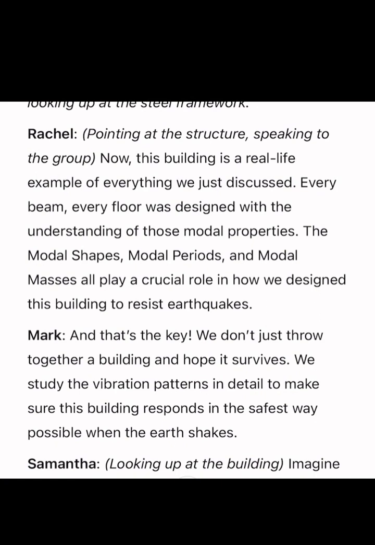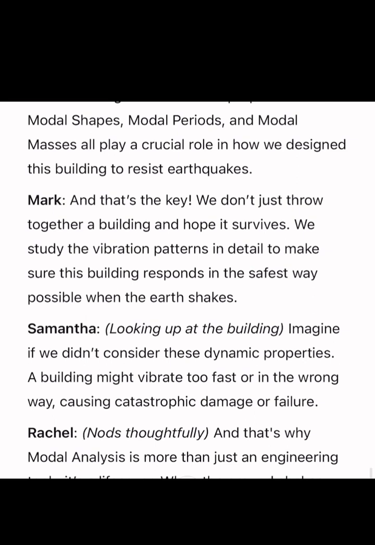That's the key. We don't just throw together a building and hope it survives. We study the vibration patterns in every detail to make sure the building responds in the safest way possible when the earth shakes.